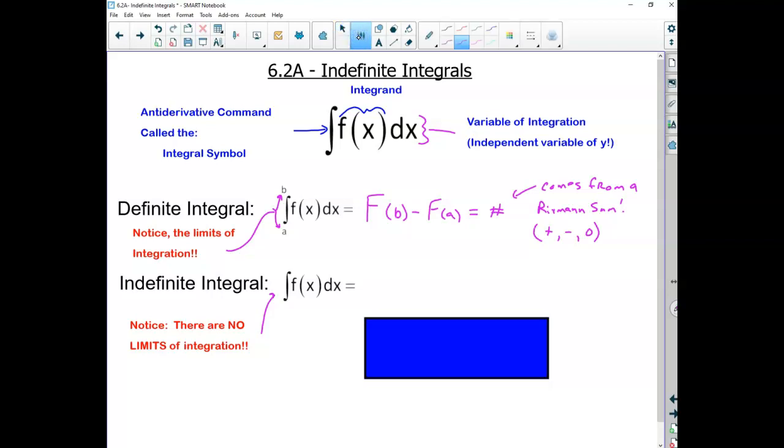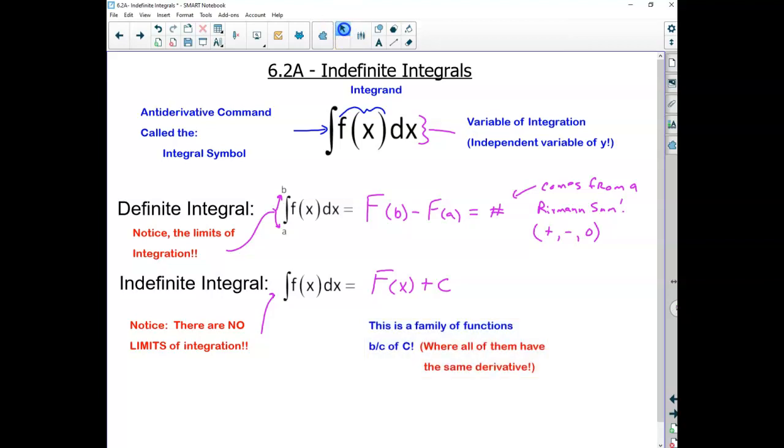What comes out of an indefinite integral is big F of x plus some constant c. And that constant c, remember, that little bugger is really important because this big F of x plus my constant is a whole family of functions. It's an entire family of functions because of that c value.